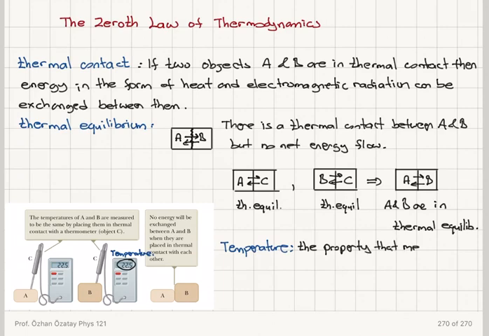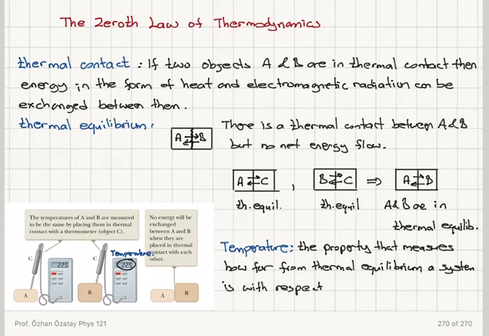It's the property that measures how far from thermal equilibrium a system is with respect to a reference system.